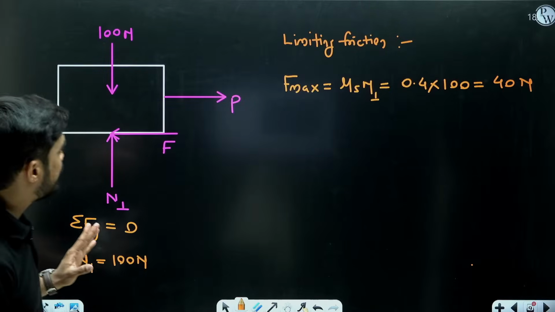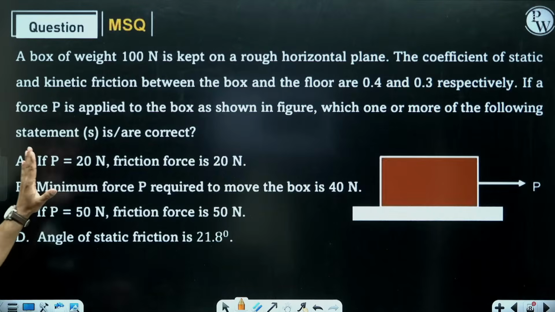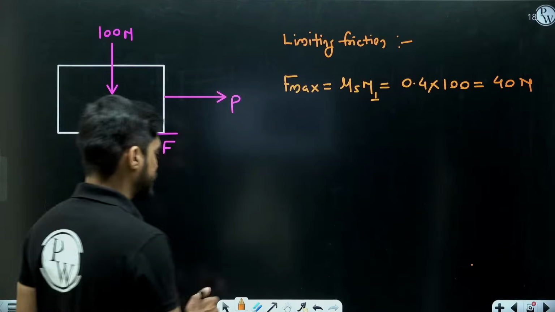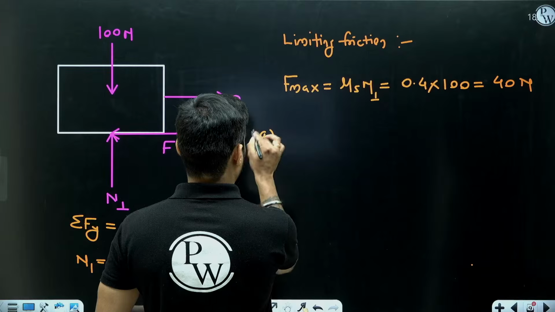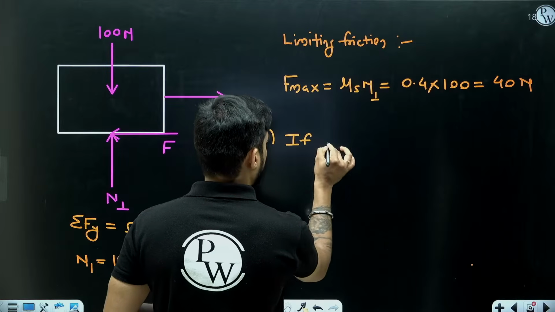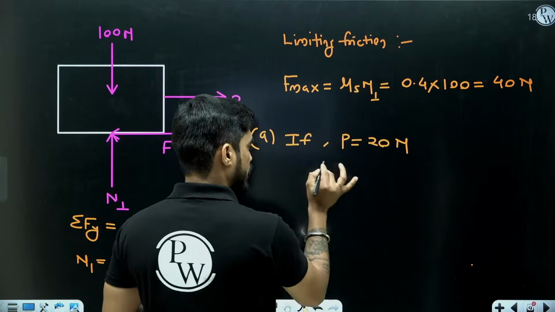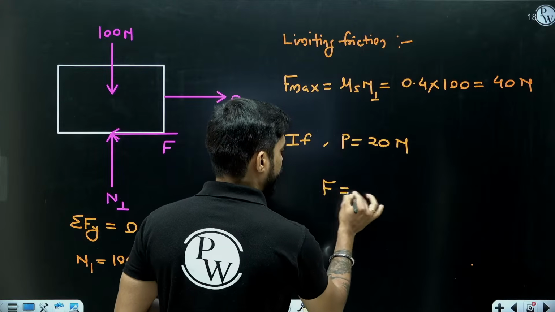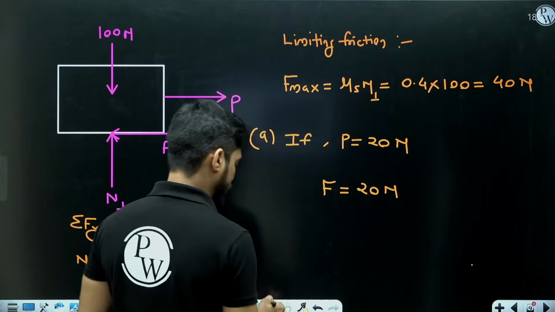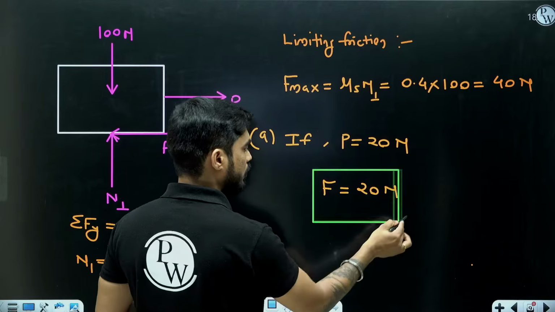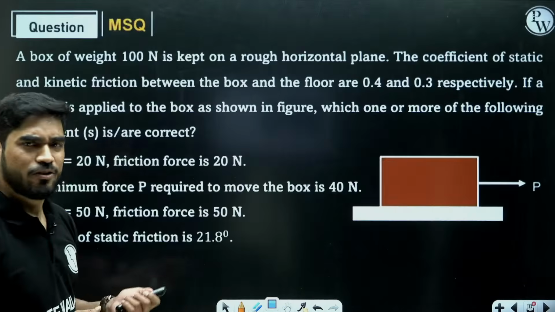Now in the first case we are applying only 20 Newton. In the first case, if P is equal to 20 Newton, then F will also be equal to 20 Newton. Why? Look at this graph.